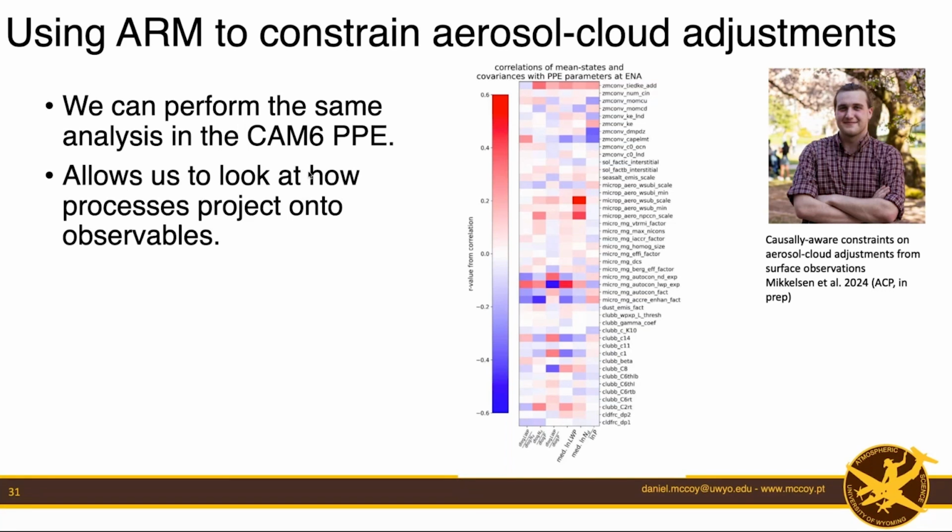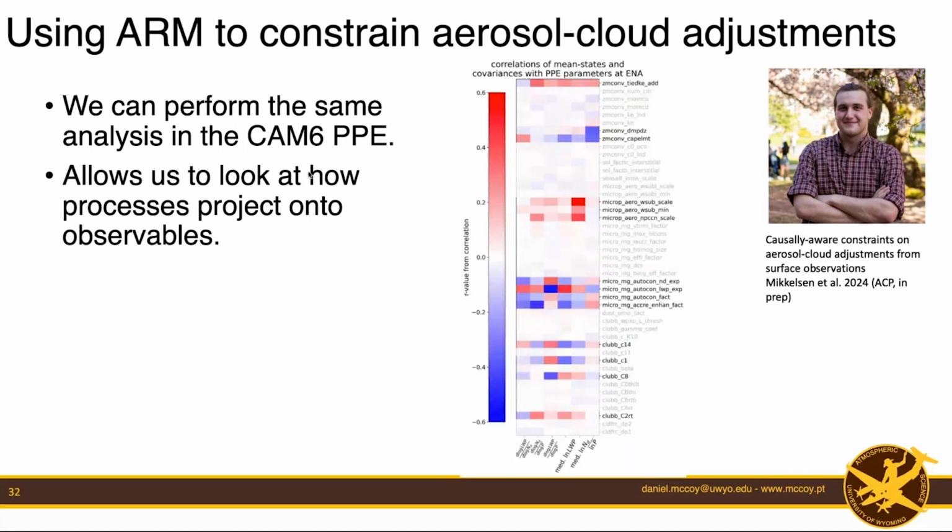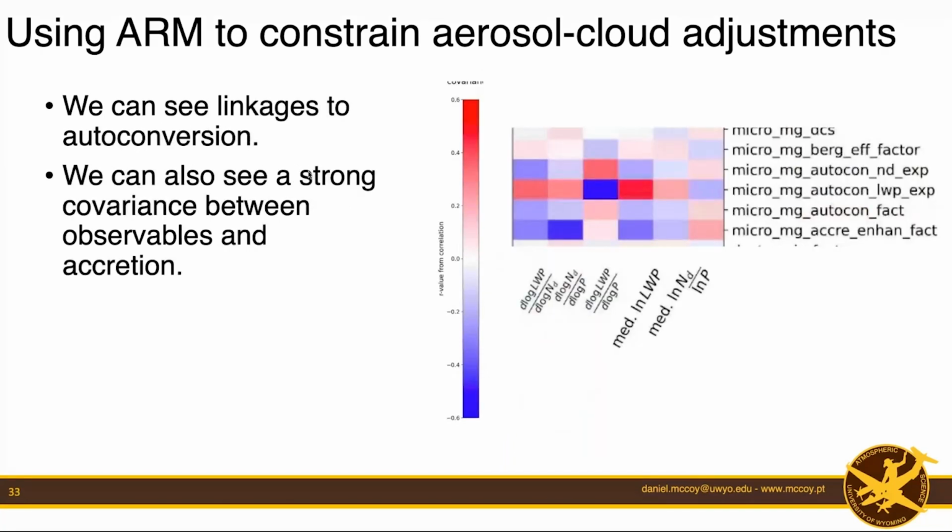What I'd like to point out is that there are strong bands of correlation where specific parameters that are telling you about subgrid scale processes are lighting up. So we can zoom in specifically on the autoconversion parameters here and see that these things that we suspect are important to autoconversion are linked to the observations we can make.